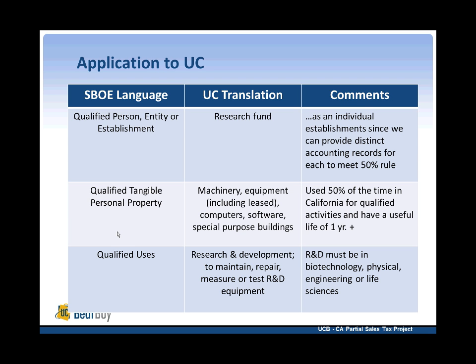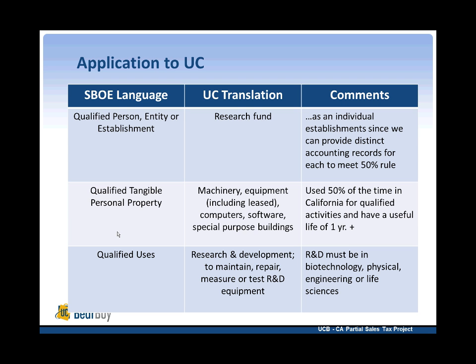When it comes to qualified tangible personal property, it's mainly referring to machinery, equipment, as well as the lease for that equipment, computers and software, as well as special purpose buildings, used 50% of the time in California for qualified activity and have a useful life of more than 1 year. So I'm going to go into detail on what we mean by machinery and equipment, but the key here is that it has to be used 50% of the time in California, and it has to be used for qualified activity for a year or more.